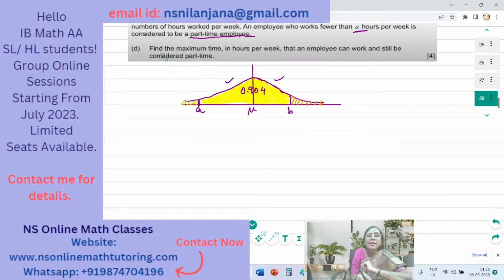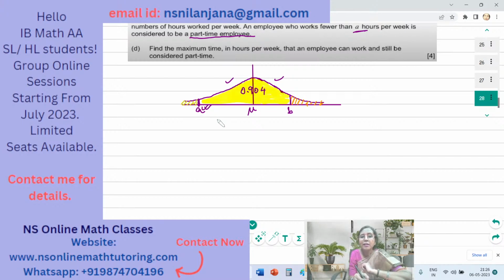Part D says: find the maximum time in hours per week that an employee can work and still be considered part-time. So we have to basically find this one, A. This is the maximum time that the employee can work per week and still be considered a part-time employee. So basically, we have to find the value of A.